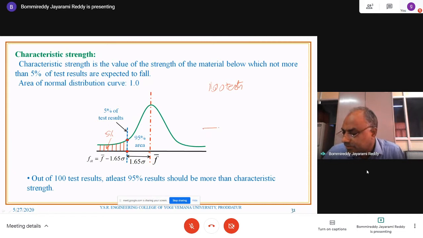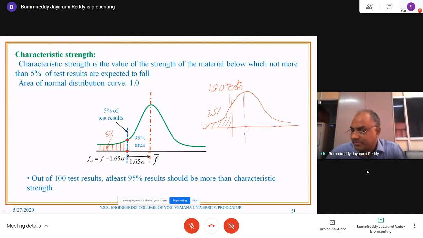For example, sometimes the characteristic strength is defined as we like. Say for example, this is the percentage, say 25%. This is 25%. What is the characteristic strength for this? It is our own definition. This is the original definition given in IS 456 and we are following this.